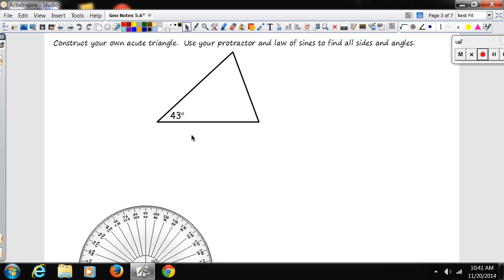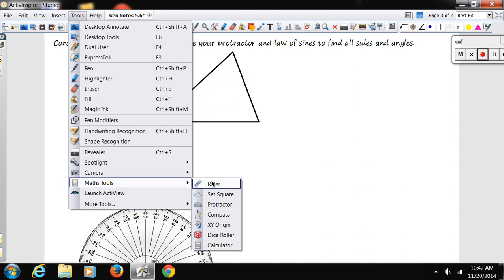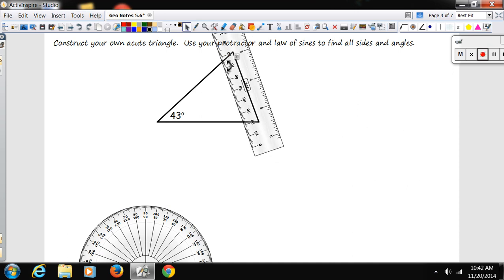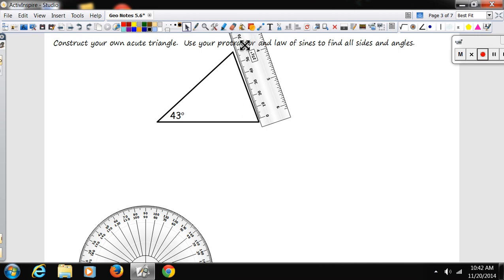Now once you've got that angle measured, you're going to measure the length of the side across from that angle. So if my angle's down here on the bottom left, I'm going to measure my right side over here that opens up to the 43. So grab your ruler that has the measurements on it and measure the side that's across from your angle. So basically you're going to have two of the same letter.